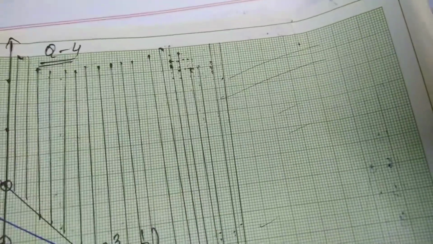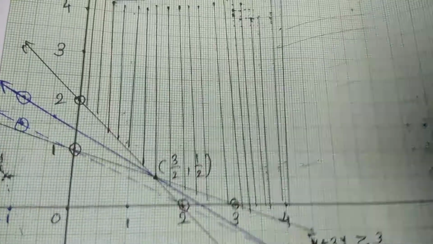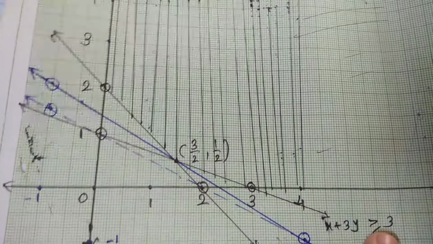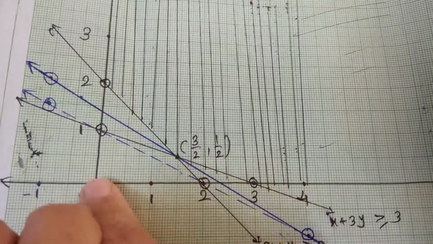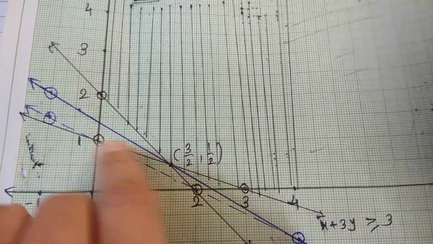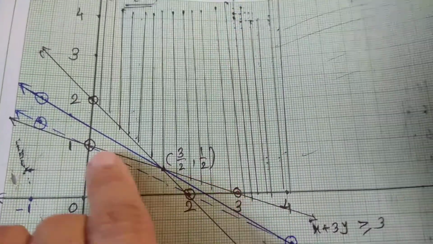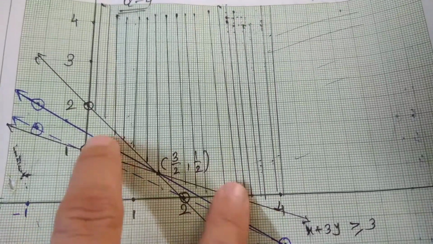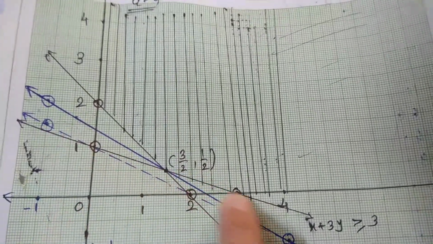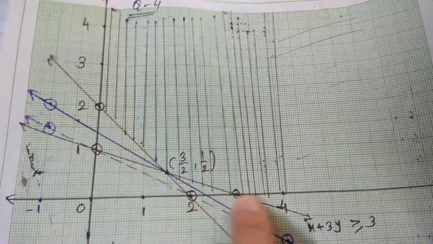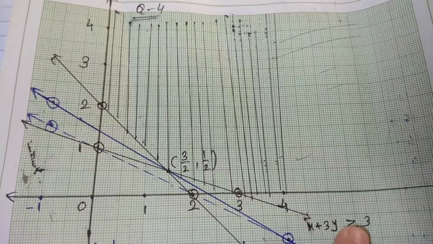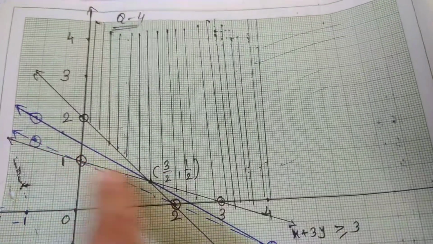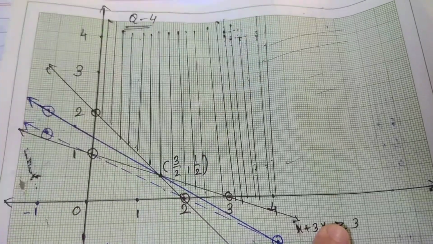First, our inequality is x + 3y ≥ 3. For this we find the solution: x = 0 gives y = 1, and y = 0 gives x = 3. So these two points we have, and this is the line x + 3y = 3.